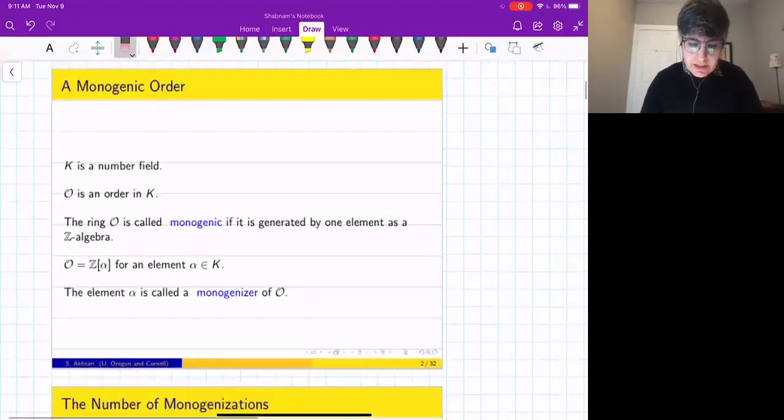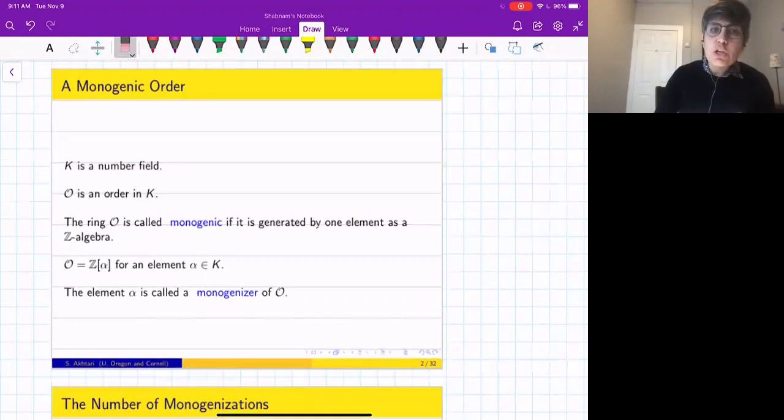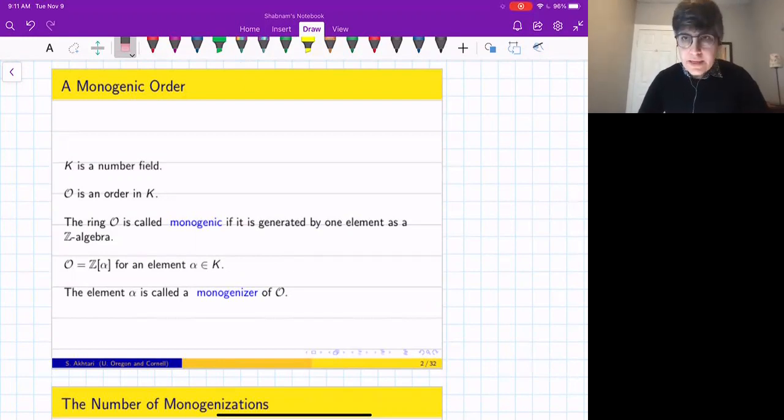So let me be more clear about what we mean by a monogenic order or ring. Mostly I think in the context of number fields, but generally you can think of any cubic ring with one.